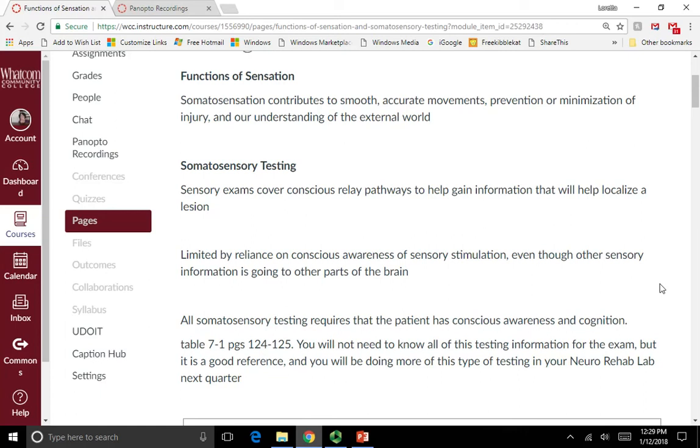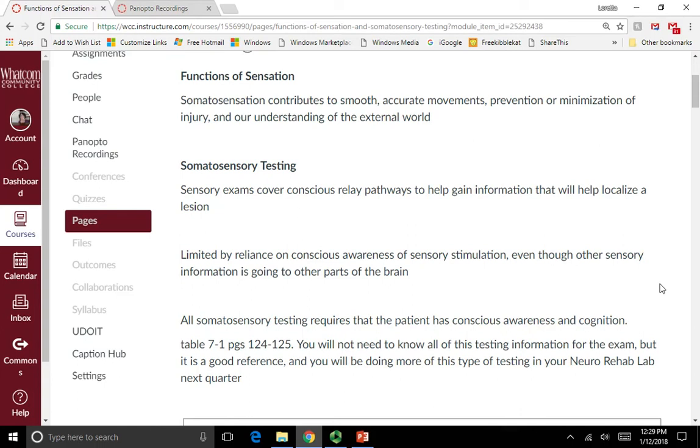For example, we used a tuning fork to test vibration sense, which is one of our conscious proprioception pathways. Using a tuning fork to test vibration primarily tests the large A-beta peripheral nerve fibers and the dorsal column medial lemniscus neurons.